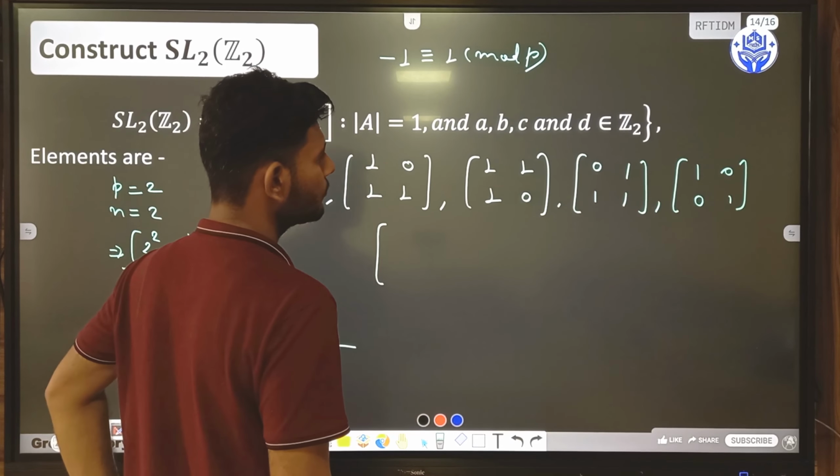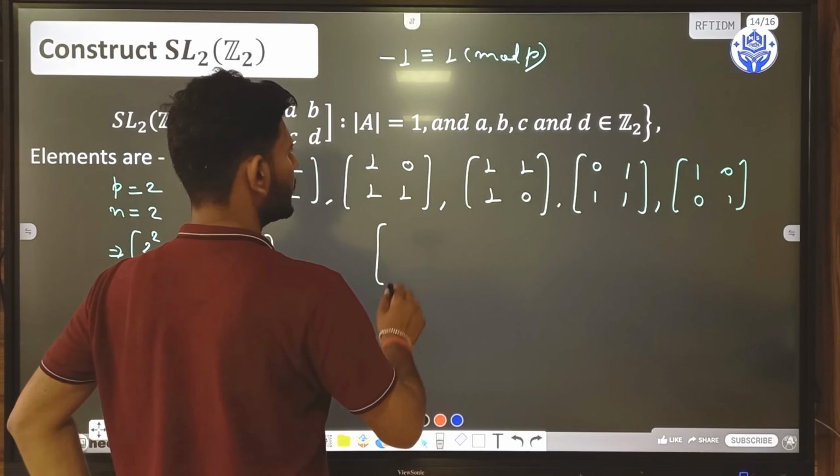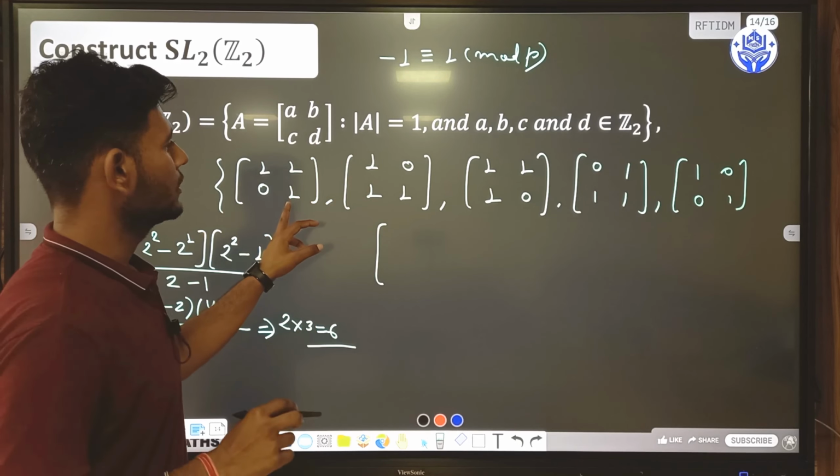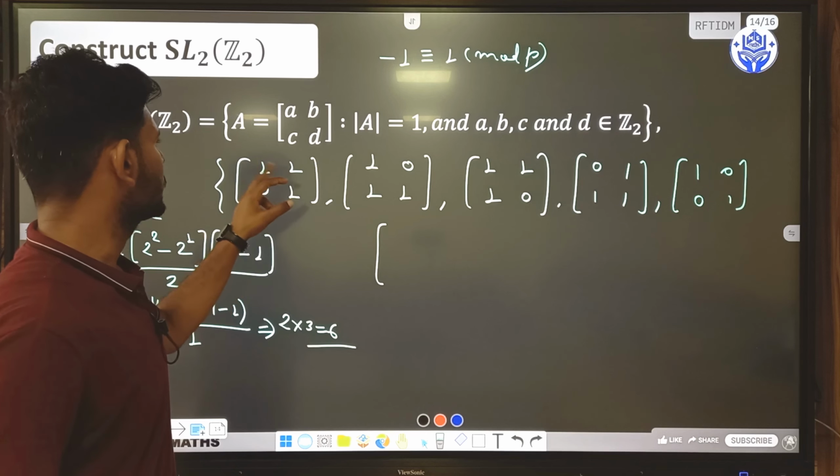That is the simple case. If I take 0 here, 0 here, 0 here, there are 4 possibilities.